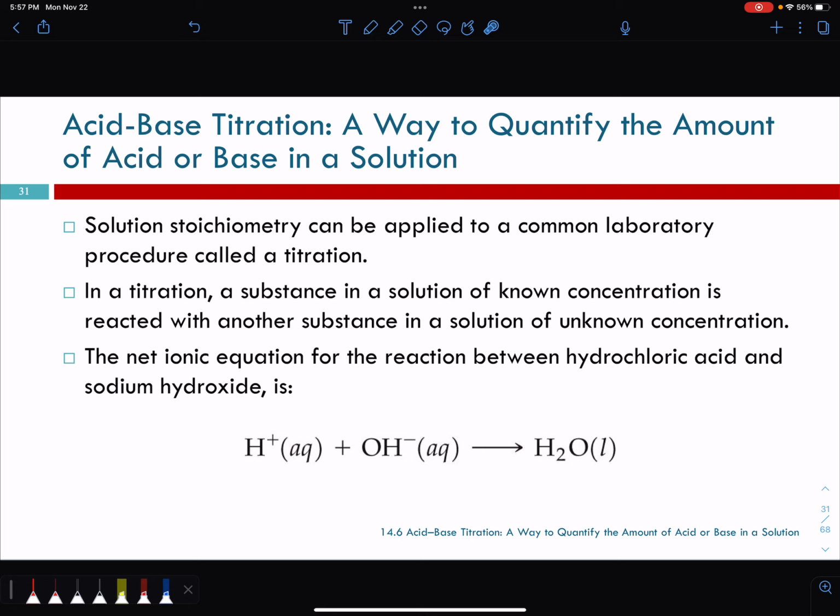And then we also had a solution of unknown concentration. That was the acetic acid. So it's an acid-base neutralization reaction, and our net ionic equation is really just this, in some form or another.